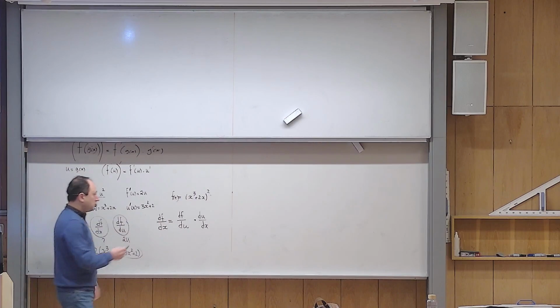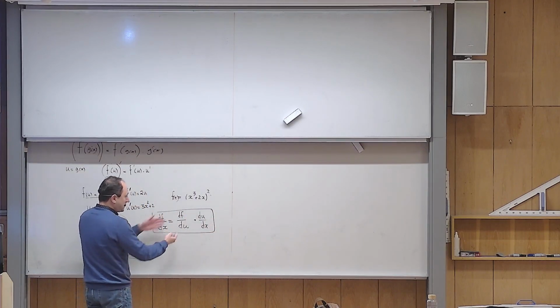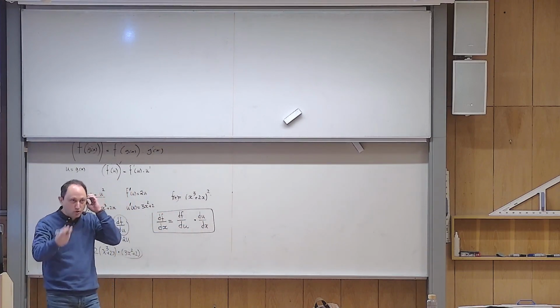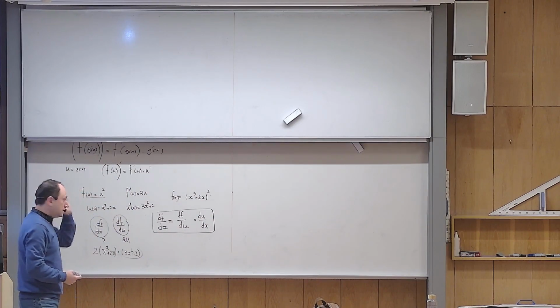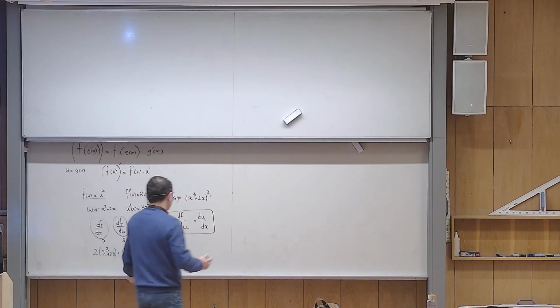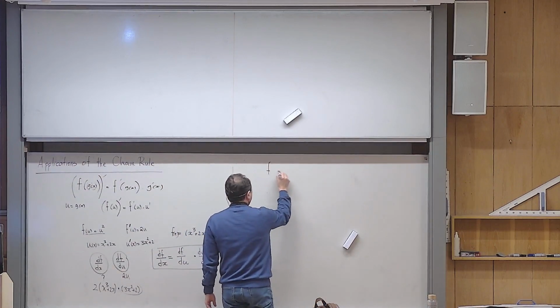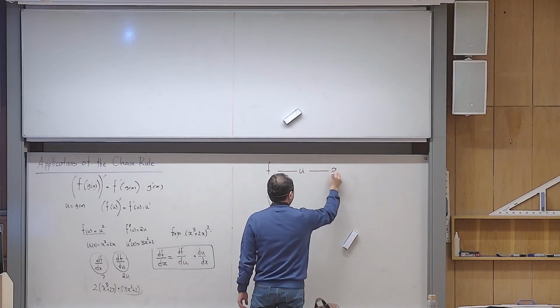So it's a very easy way to understand things. Don't get confused. It seems that they are fractions and we can simplify them. So this is why it is a very good way of remembering things. Let me just tell you what I did. So f is related to u, which is related to x.